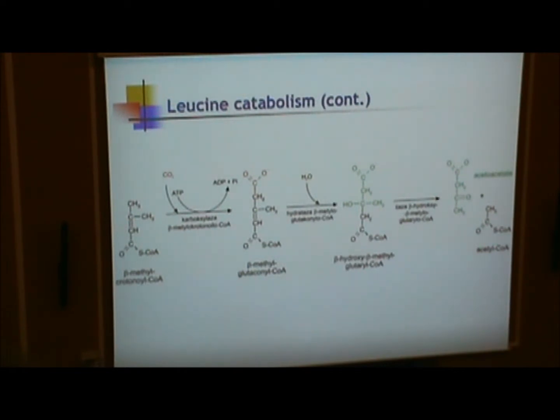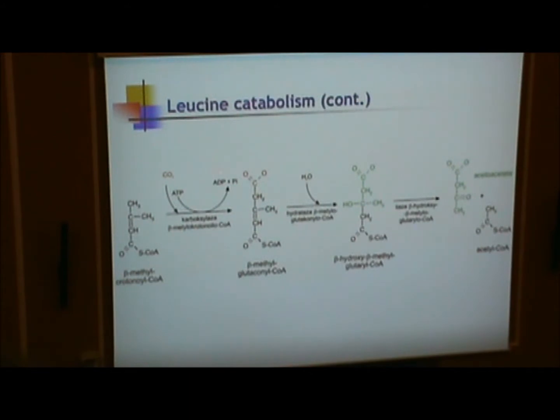This is a Polish name, sorry. Beta-methylcrotonyl coenzyme A carboxylase.